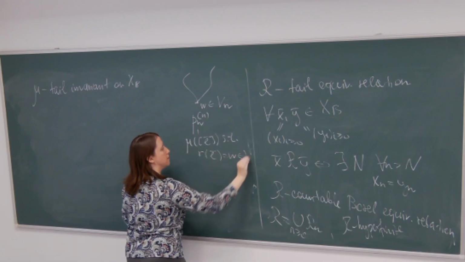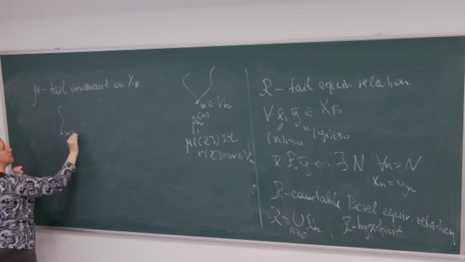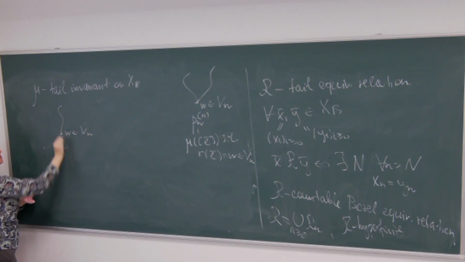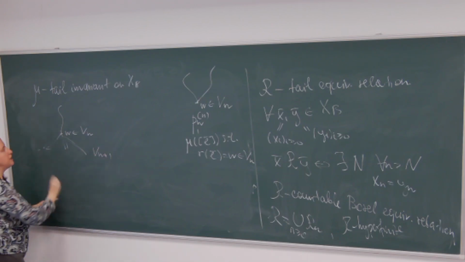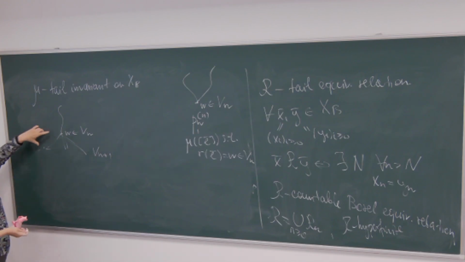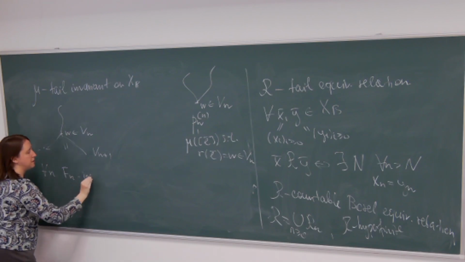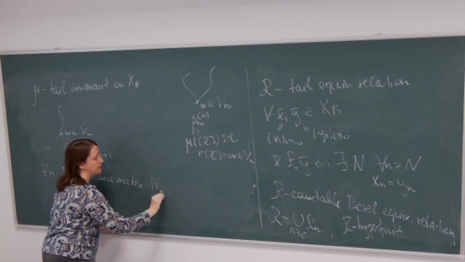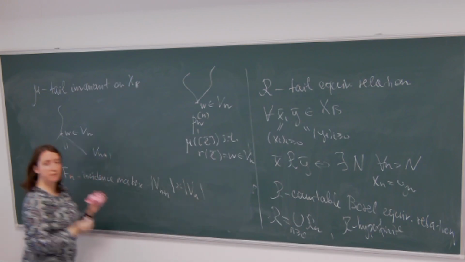And now let us see, we have the incidence matrix. Historically, we first look at the level below and then at the level above.